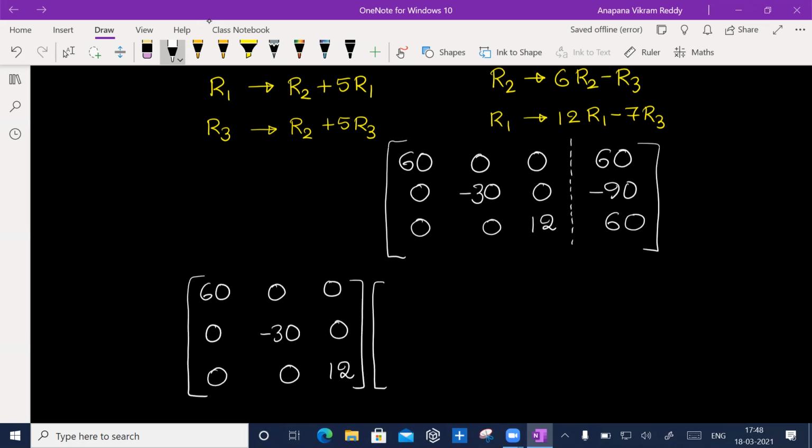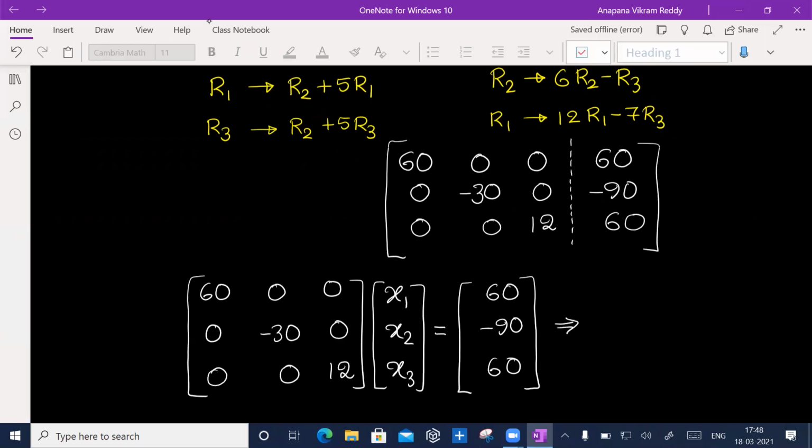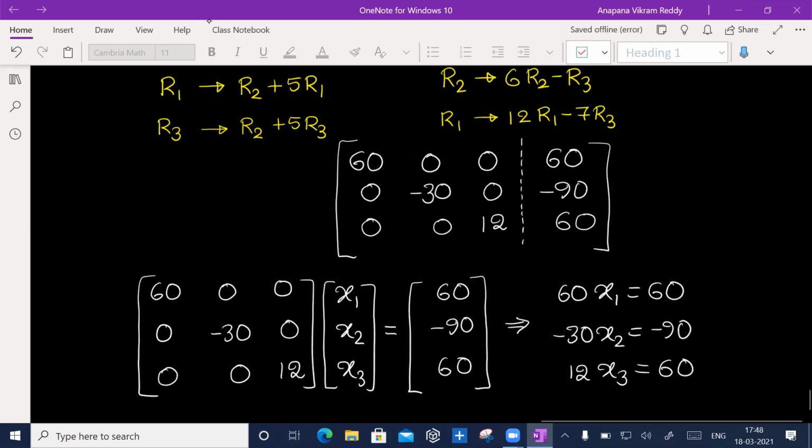I'm showing this in matrix form, that is Ax equal to 60, negative 90, and 60 again. So what you get is 60x1 equal to 60, minus 30x2 equal to minus 90, and 12x3 equal to 60.